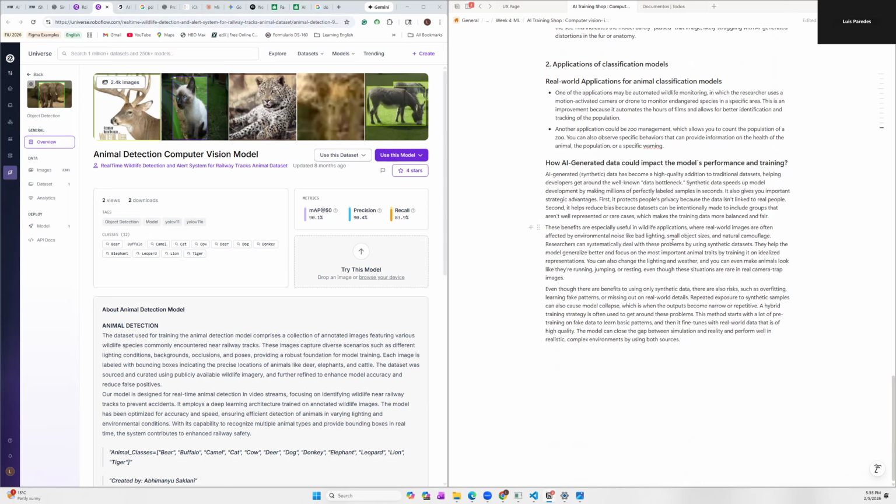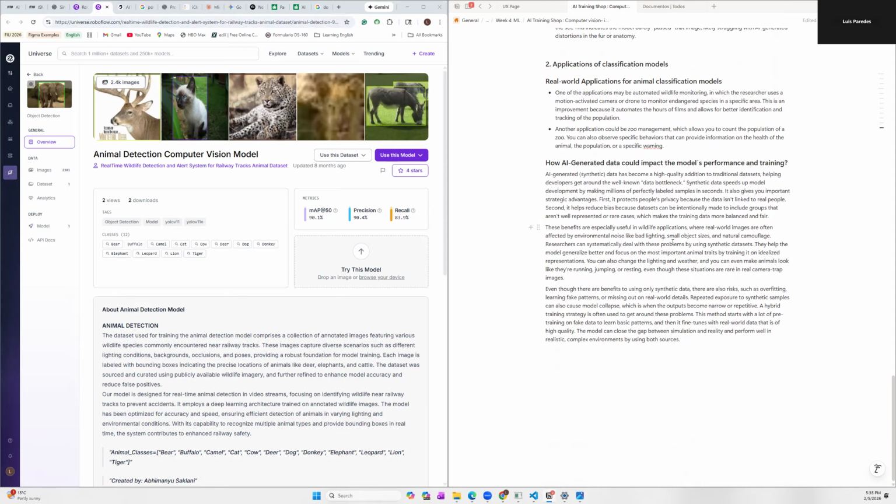Also, these benefits are especially useful in wildlife applications, as we talked about before, where real-world images are often affected by environmental noise like bad lighting, small object sizes, camouflage, weather conditions, and so on.